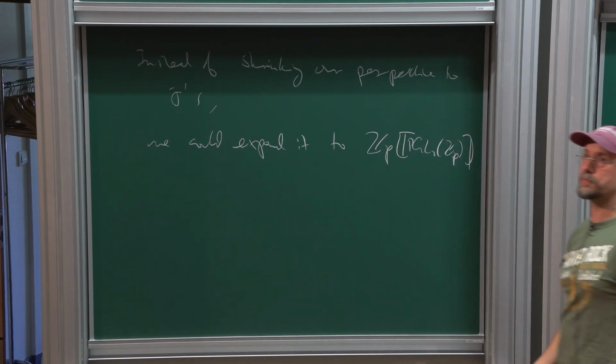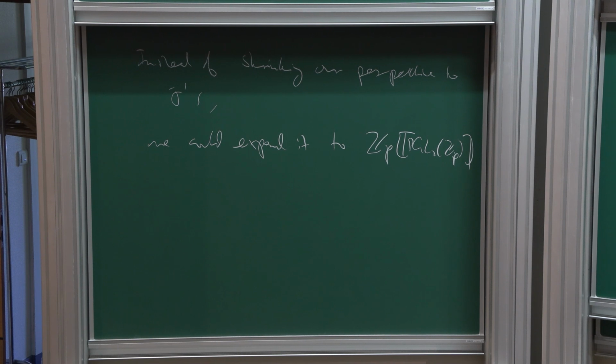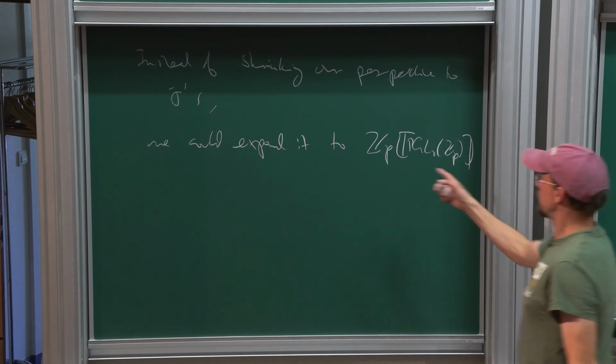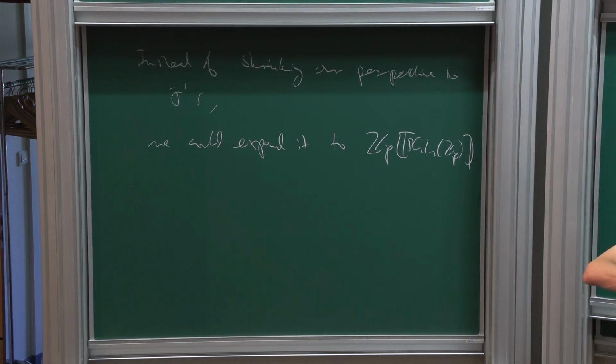We could take the group ring of PGL2(Z_p), so the free representation of PGL2(Z_p), and plug that into the compact induction and think about that. And that will take us from finite level at p to infinite level at p.